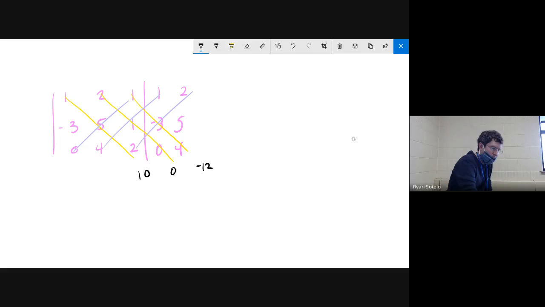And this way I have 2 times -3 times 2, that's minus 12. We have 4, 1, and 1, 0. So these ones are all positives, and these are all subtracted.